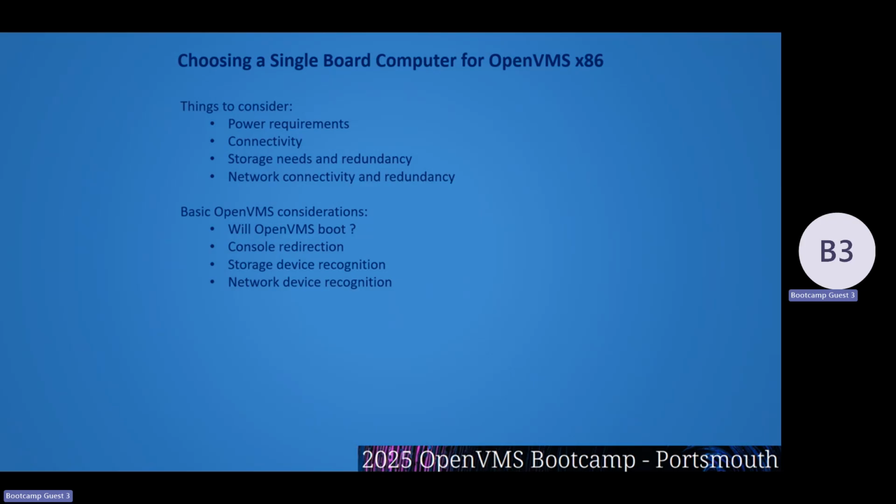VMS has always, forever wanted a serial console. Not quite, it got a little bit easier when they did the guest console for 9.2-3, but VMS always knew how to use and always wanted and always did good things with the serial console. You have to be able to recognize storage devices and you have to be able to recognize network devices.